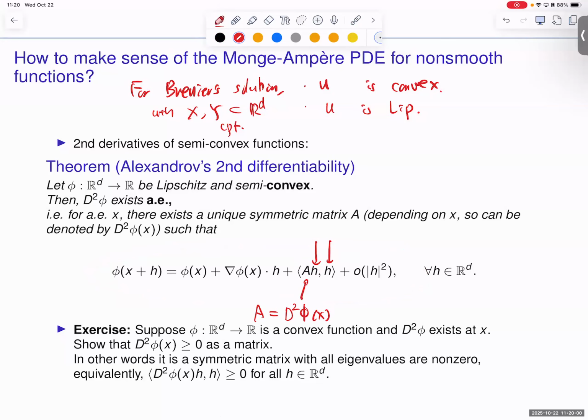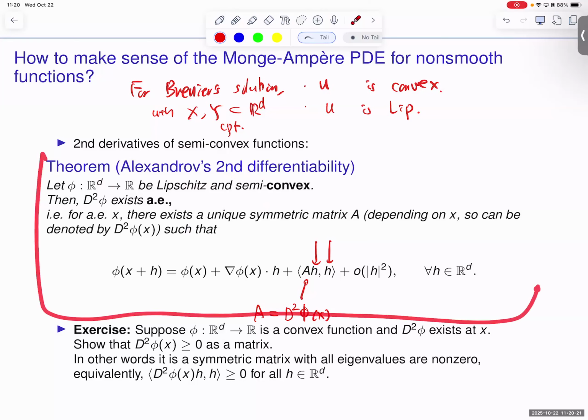So you can just consider Alexandrov's theorem as providing second order differentiability of a convex function for almost every point. So that's what this is.